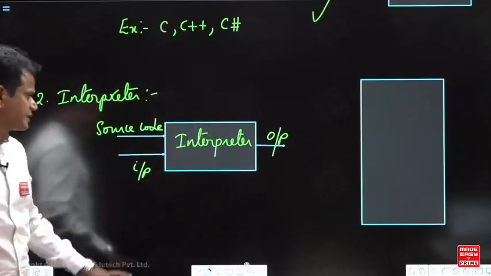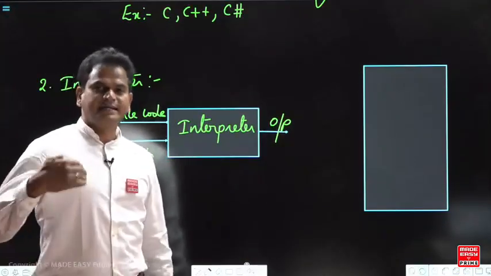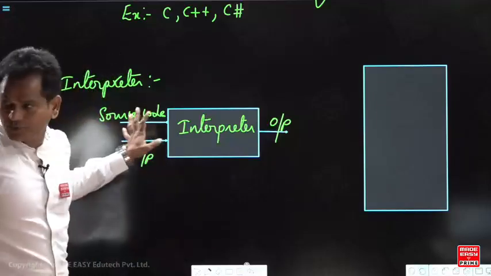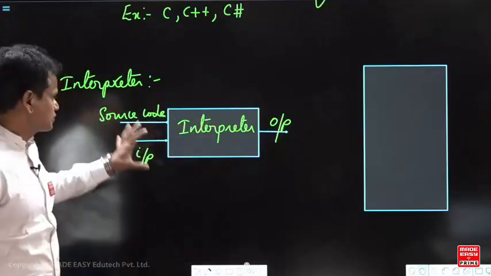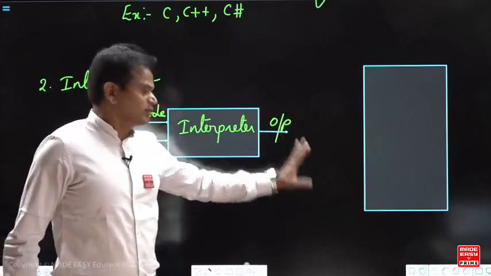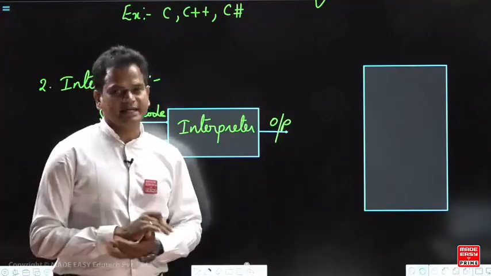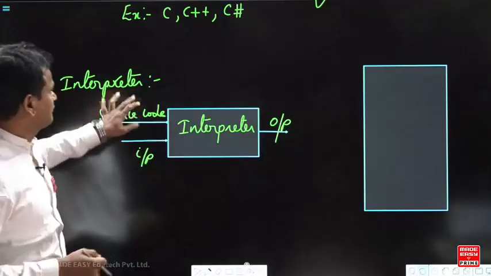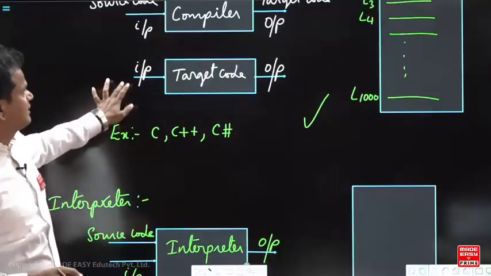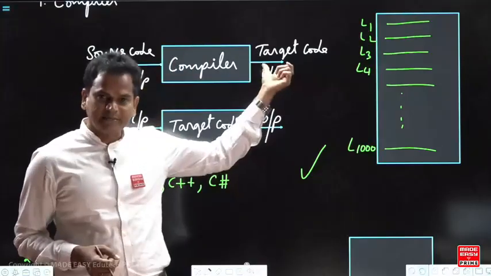Look at this. The interpreter takes the source code as input and executes the code directly. It won't give any intermediate language. In the case of a compiler, it takes the source code as input and produces intermediate language.